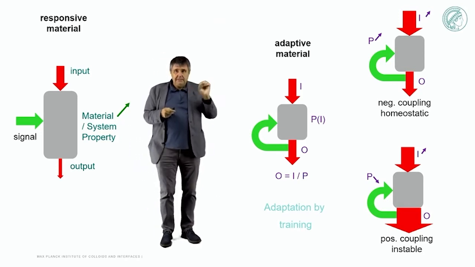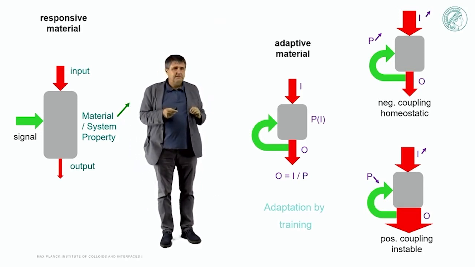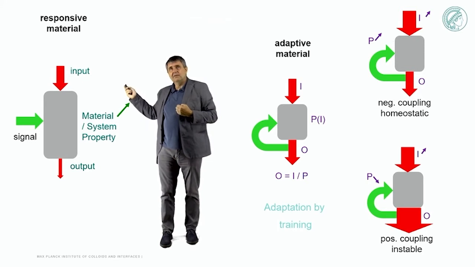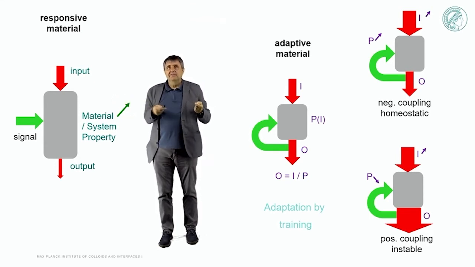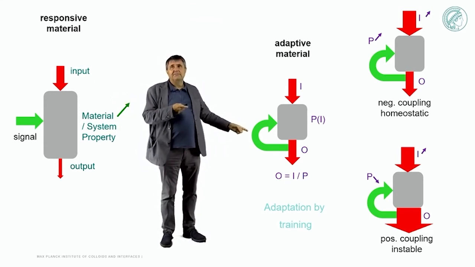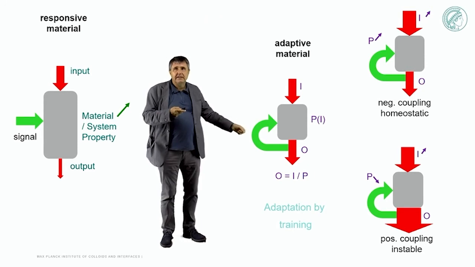Now, let me come to the second part and make a few comments about adaptivity. So adaptivity is going a little further than responsivity. So just to remind you, the responsiveness is the reaction, the change in material properties due to an outside stimulus. Now, if it's not an outside stimulus, but if the signal, the stimulus comes from the material itself, then suddenly you get a feedback loop.